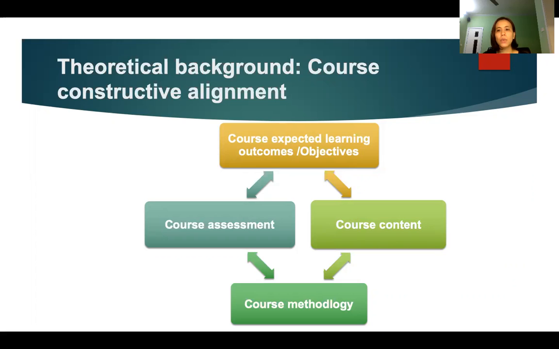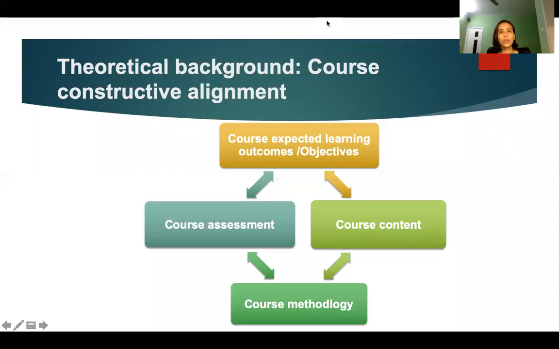A good starting point is to ask ourselves the question, what knowledge or skill do I want my students to be able to acquire when they have completed the course? This question will inform your course learning outcomes and assessment tasks. It will also help you, the teachers, determine the appropriate learning activities and resources required to achieve the learning outcomes.